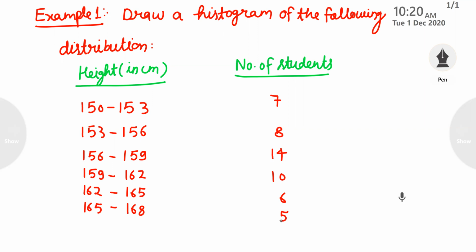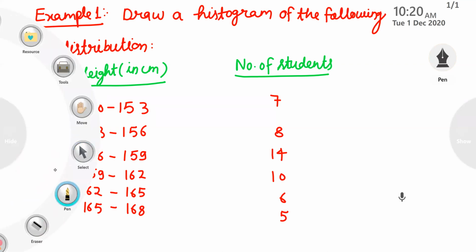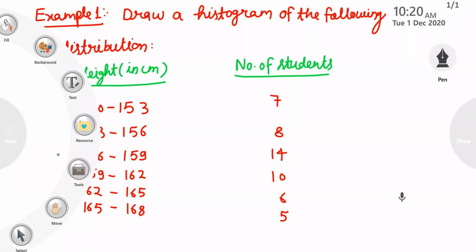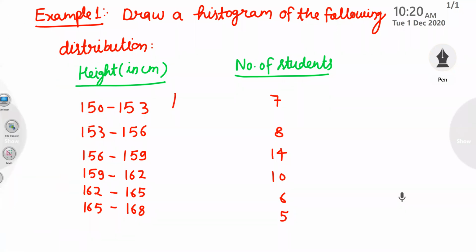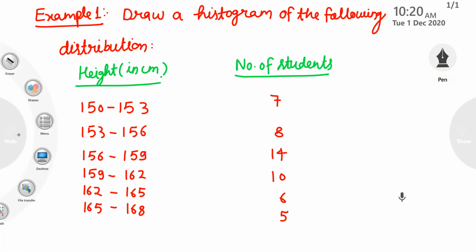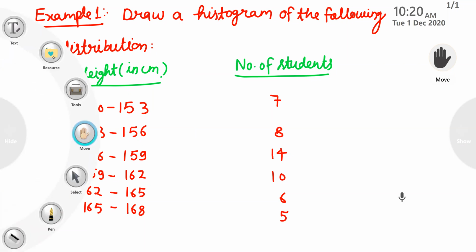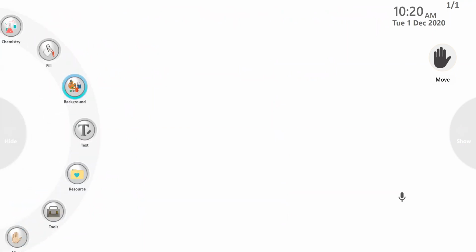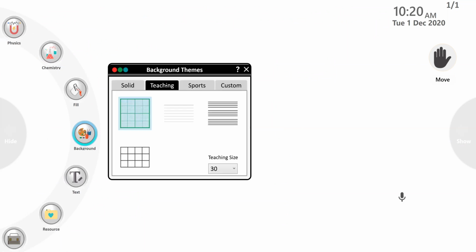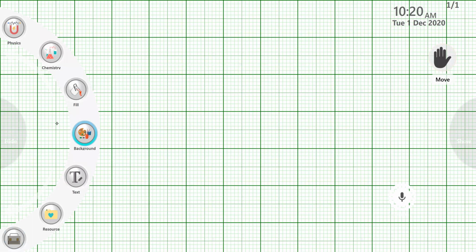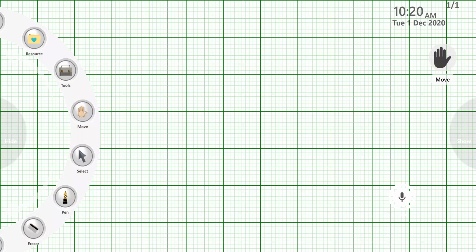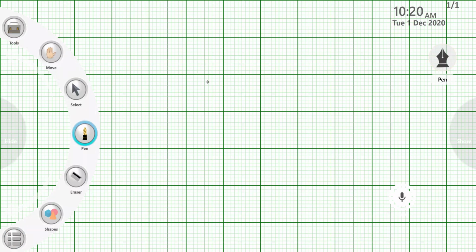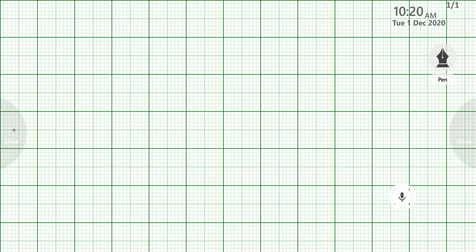Now this distribution we are going to draw on the graph. Number of students is frequency. I want to write it on the y-axis.